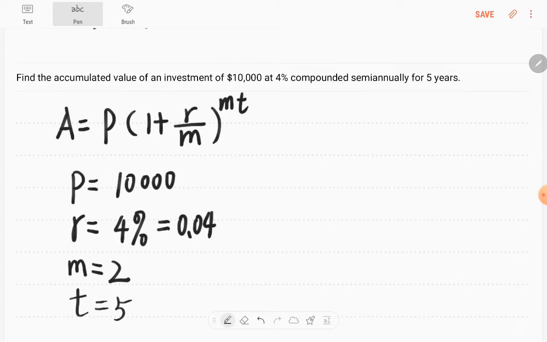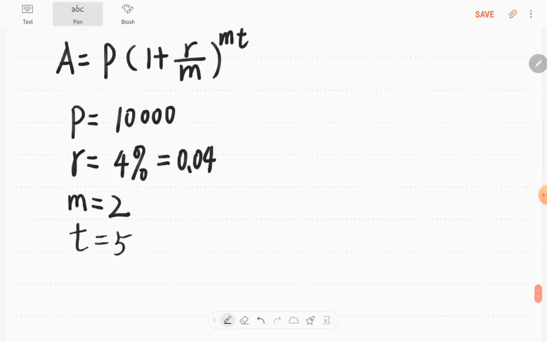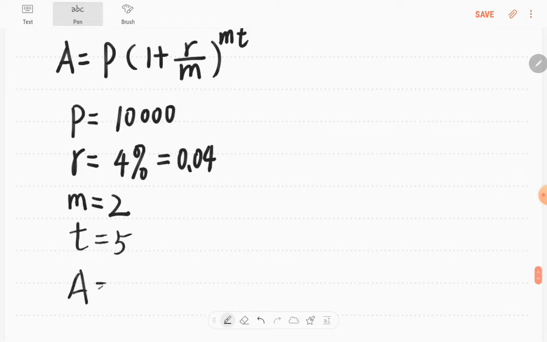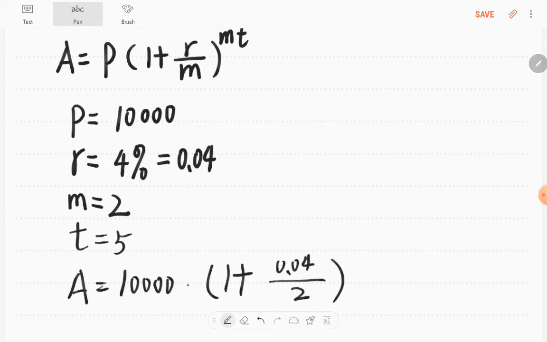So the next thing, we just need to plug in the numbers. So the future value A is equal to 10,000 times (1 plus 0.04 over 2) to the m times t, m is 2 times t is 5.